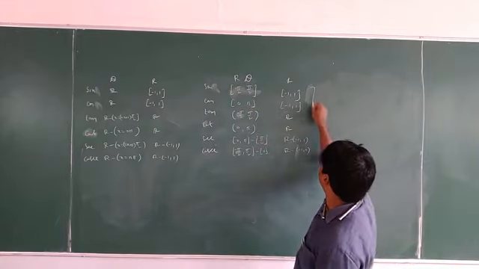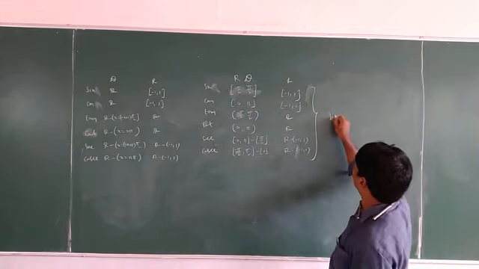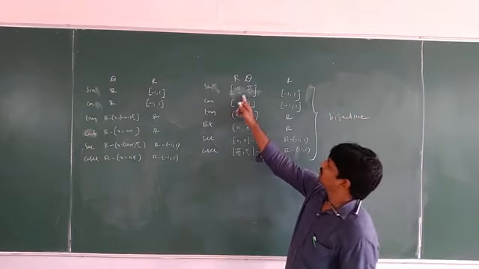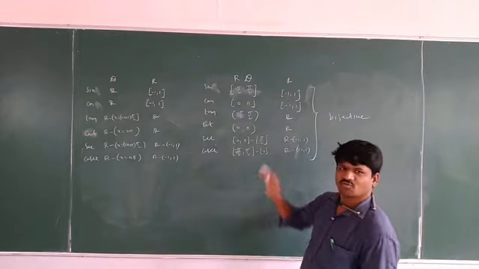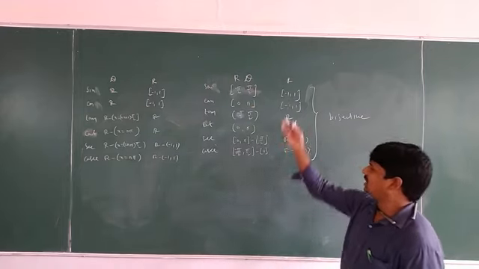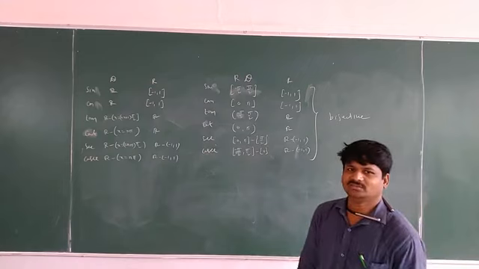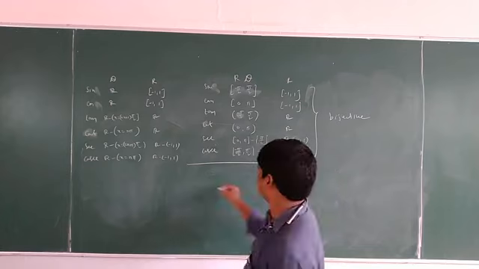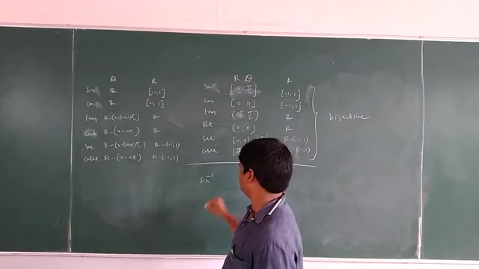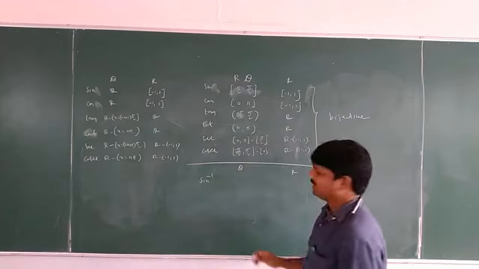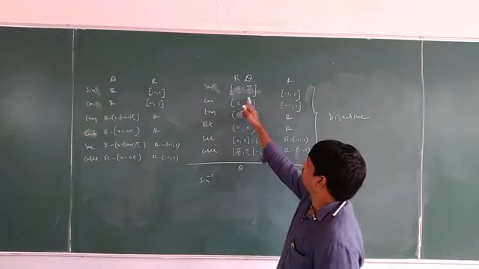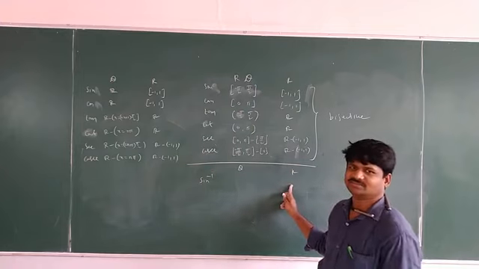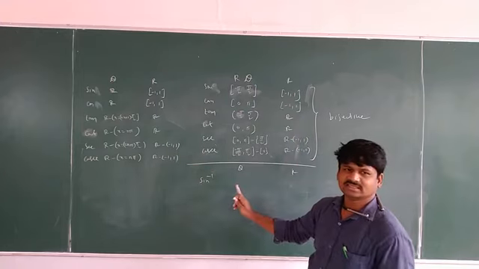Why? Because these are bijective functions from this domain to range. Whenever you observe that these are all bijective functions, we can define the inverse of these trigonometric functions. I am defining these inverses. For sin inverse, domain and range, nothing, it is reverse only we have to take. That means the domain of sin becomes the range of sin inverse, and the range becomes the domain.